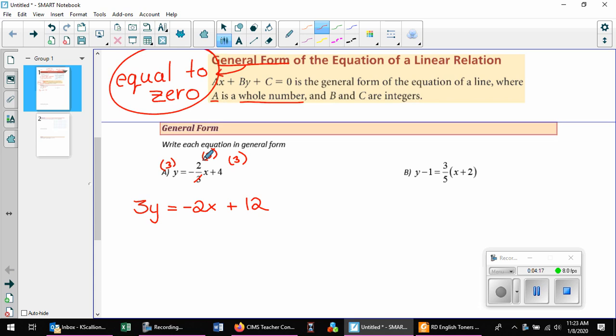They don't have decimals and they're positive. Okay. So you see that this one is negative. And what does everything have to be equal to in general form? 0. So I'm going to bring this to the other side. Because what will happen to it? It will become positive. So the 3y stays where it is.